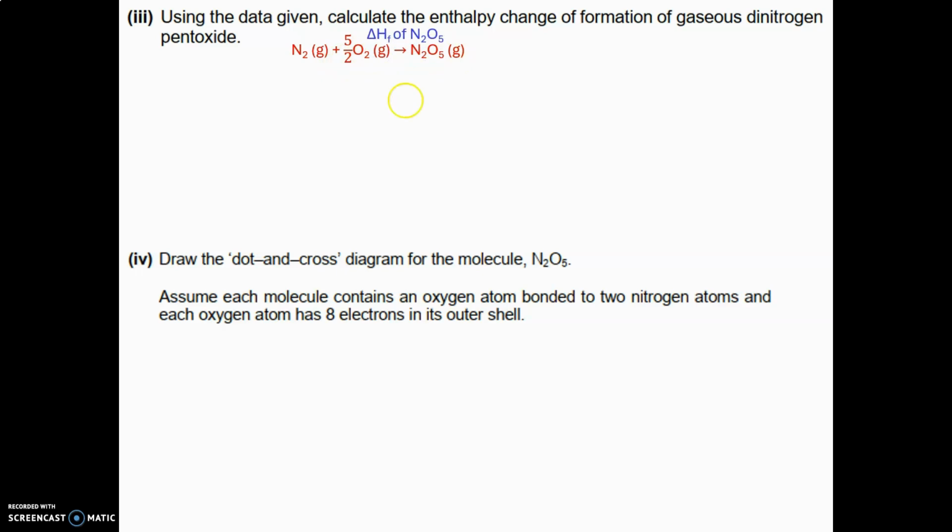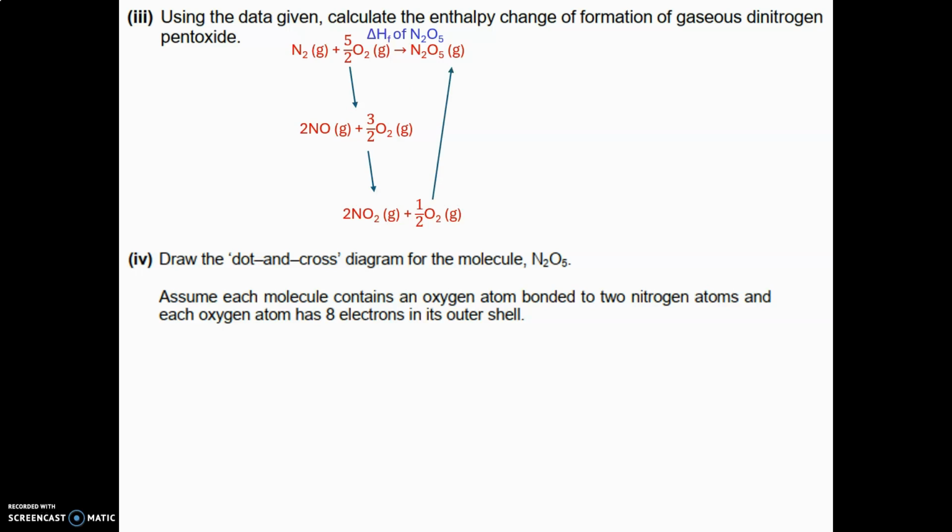So this is the enthalpy change of formation of N2O5. In the first step, we are forming NO from N2 and O2. And after that, my NO is going to react with O2 to form NO2. And this step will be NO2 plus half O2. The last step will be to form N2O5.